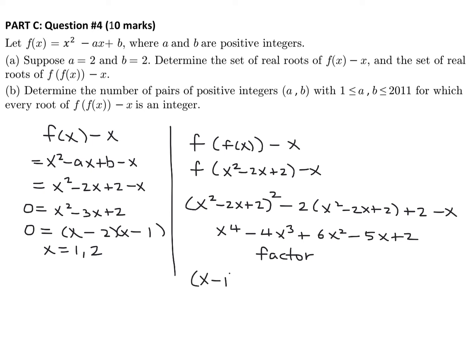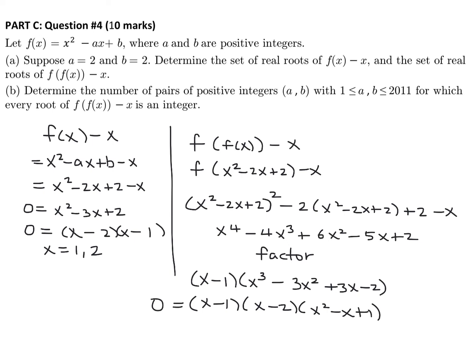Long division. You can get x minus 1. And that will allow you to factor this into x minus 1, and on this side, it'll be x cubed minus 3x squared plus 3x minus 2. You can factor again from this guy. And when you do, you can get an x minus 2. And then that will leave x squared minus x plus 1. And then we want the roots, so set that equal to 0.